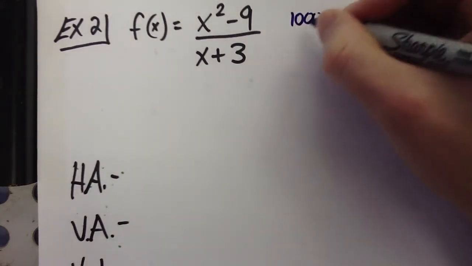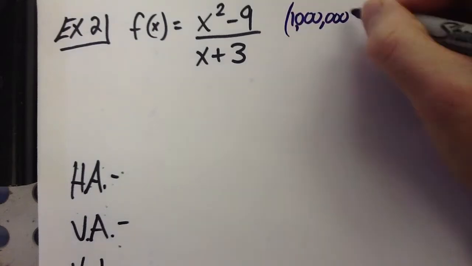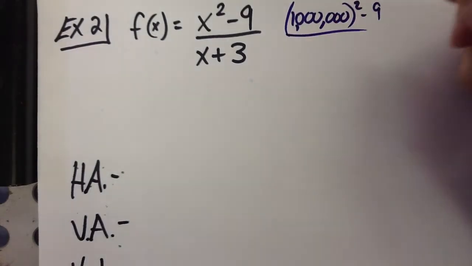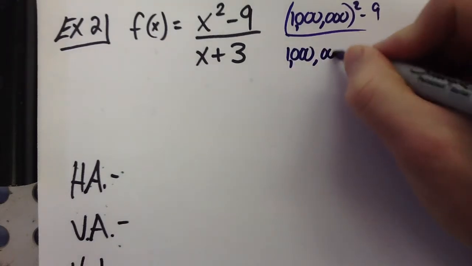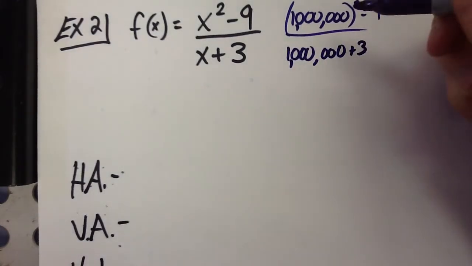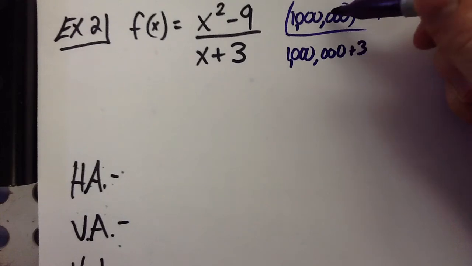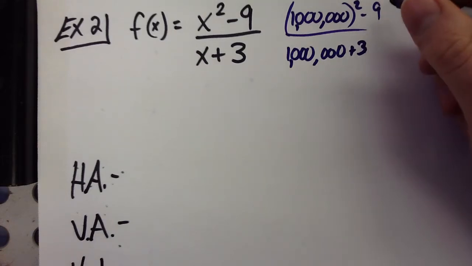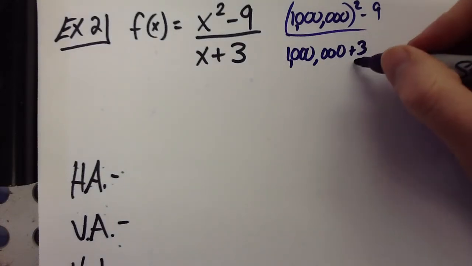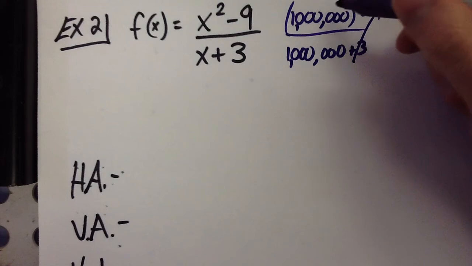Well, imagine if you had 1,000,000 squared minus 9, you can calculate that if you want to, over 1,000,000 plus 3. And just think about this. Which one's going to win out? Well, 1,000,000 squared is a whole lot bigger than 1,000,000 plus 3. The minus 9 really doesn't make much difference. And honestly, the plus 3 doesn't make much difference because these are the big players.